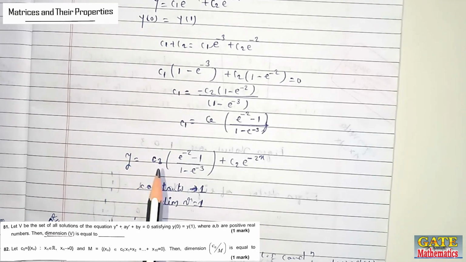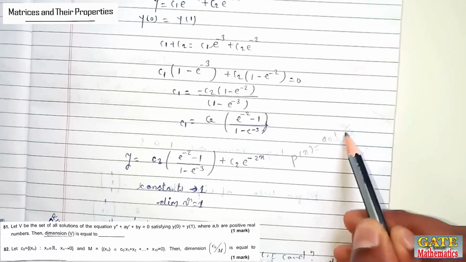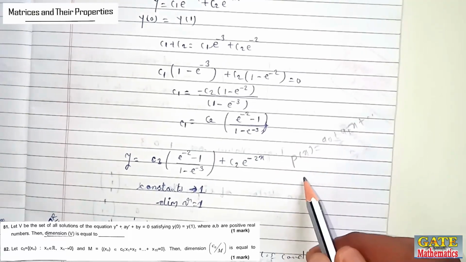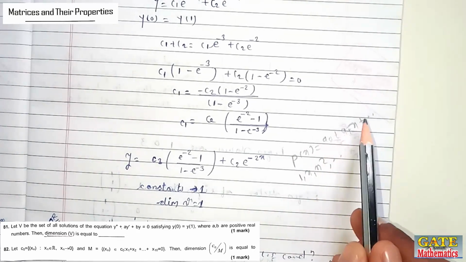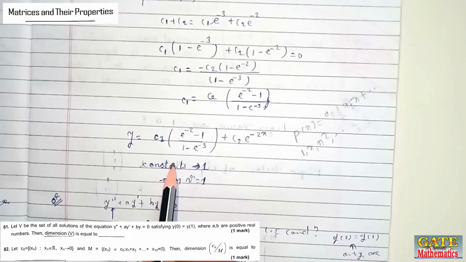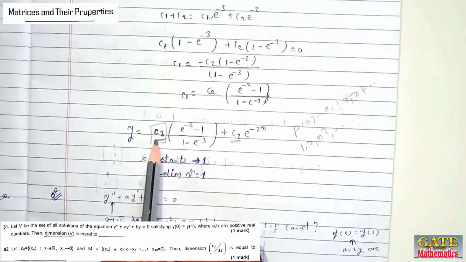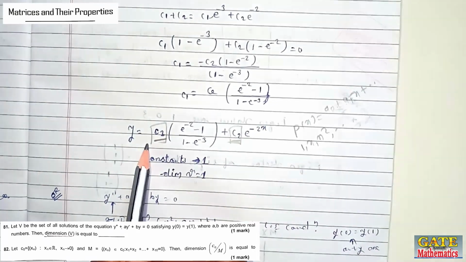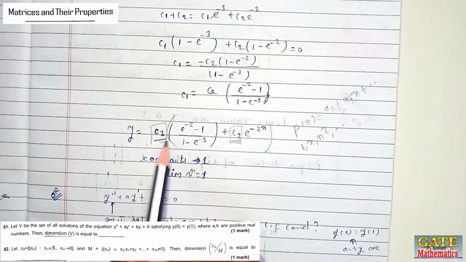So whenever we have a polynomial p of x as a0 plus a1x plus and so on, its basis can be written as 1, x, x square and so on. a0, a1, a2 are the constants and the things they multiply are the bases. Here C2 is the only constant. If we take C2 common and out from here, we get only one polynomial inside with respect to this constant.